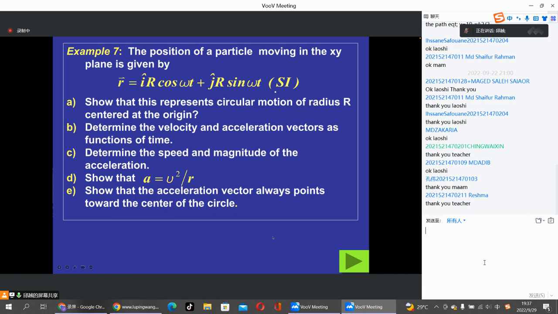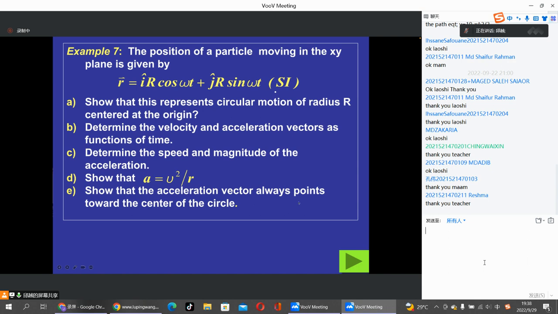And problem B, determine the velocity and acceleration vectors as functions of time. And problem C, determine the speed and magnitude of the acceleration. D, show that a equals v squared over R. E, show that the acceleration vector always points towards the center of the circle.